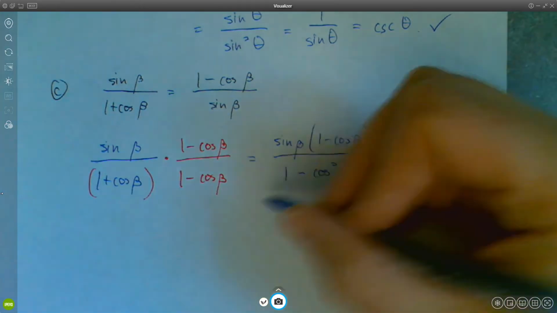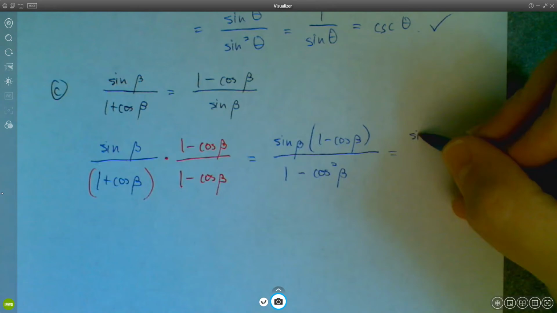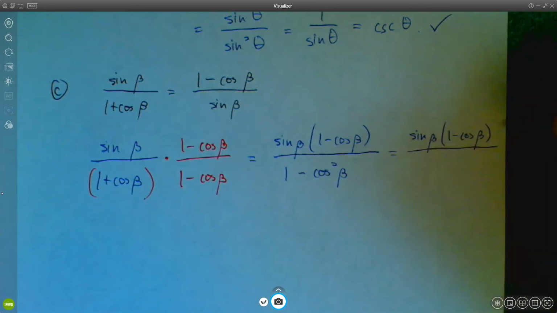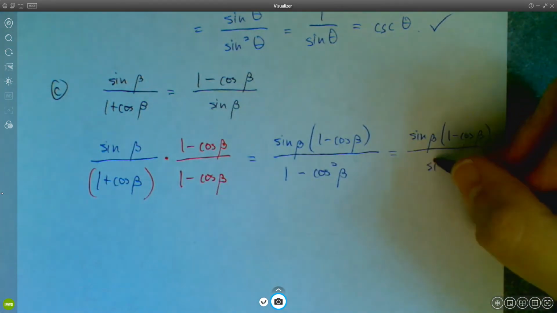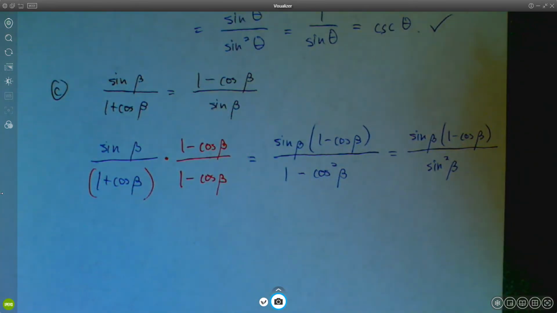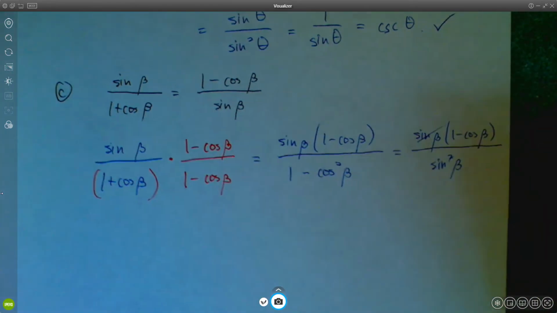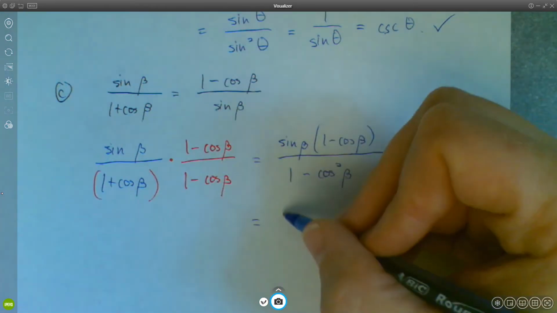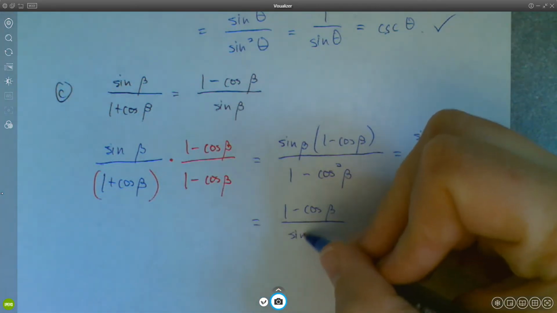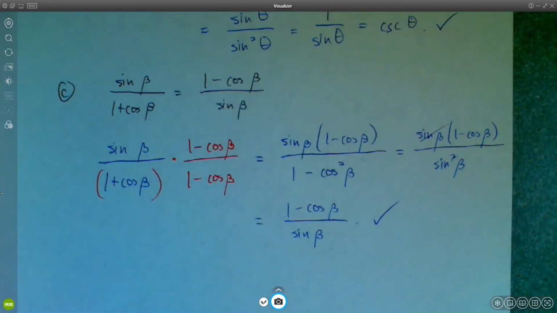Oh yeah, there it is, right? This is going to work out nicely. So we'll have sine beta times 1 minus cosine beta. 1 minus cosine squared is sine squared. I think we just saw that trick in the previous problem. And then one of these sines will cancel one of those, and you'll end up with 1 minus cosine beta over sine beta, which is exactly where we want it to end up. Okay, so there's that one.